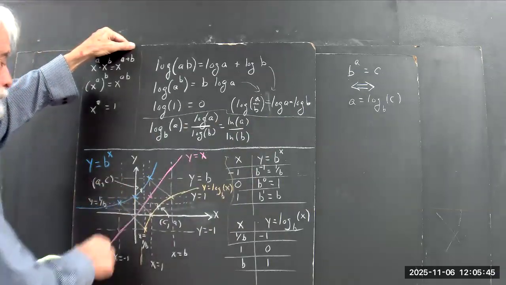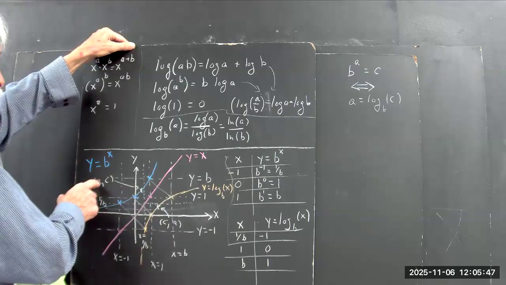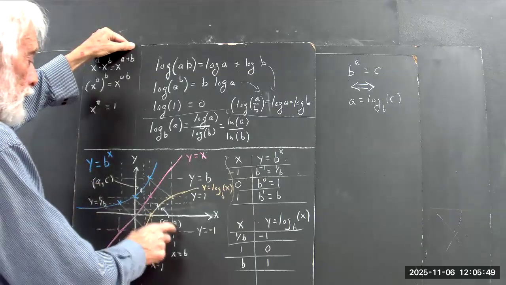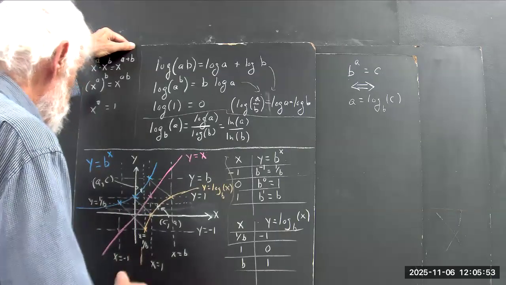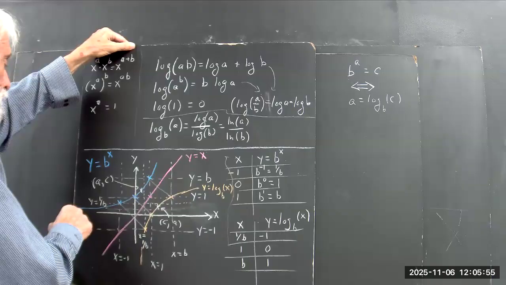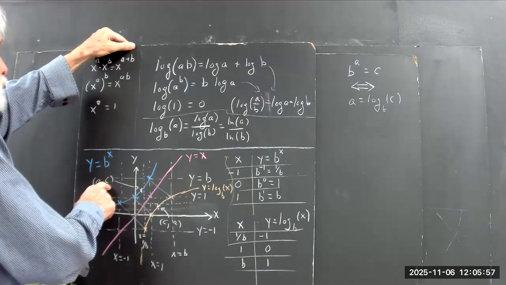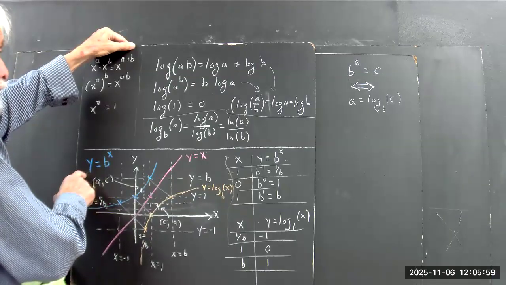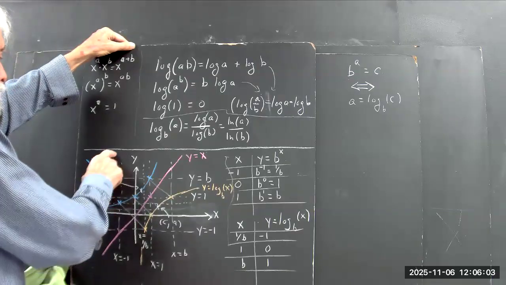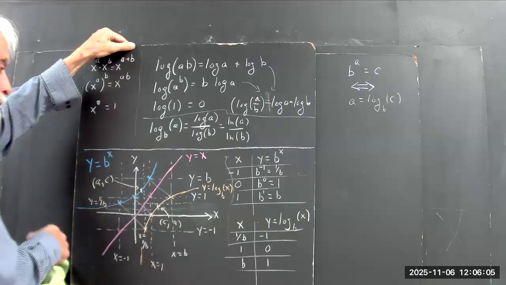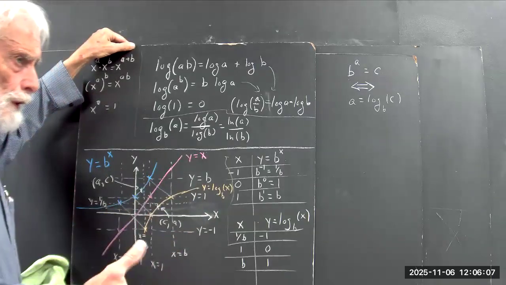So you really want to reconcile that, okay? If the point (A, C) is on this graph, the point (C, A) has to be on this graph, just by the definition of the logarithm. The point (A, C) tells us y equals C when x equals A. So when x equals A, y equals C, so b^A = C. And you need to write that out yourself.